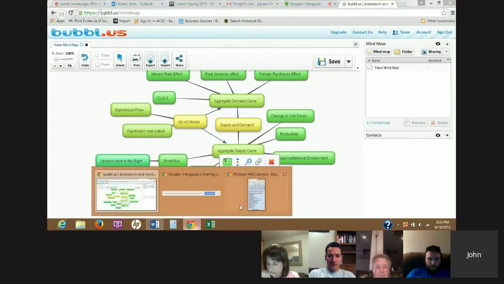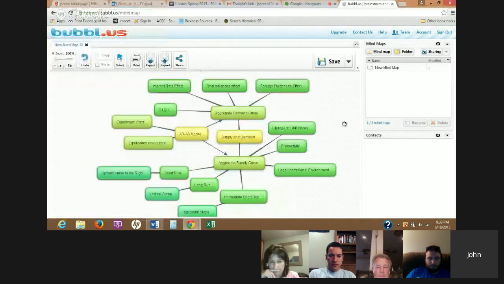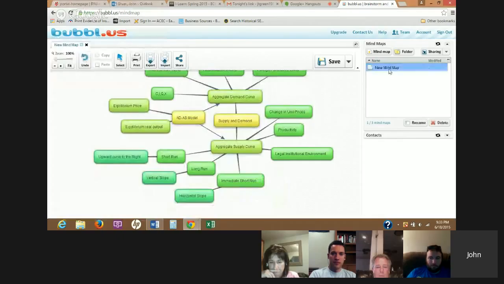All right. Well, how do y'all feel about this mind map? It looks beautiful. I like it. It's great. Cool. It's beautiful. It was like my favorite mind map ever.